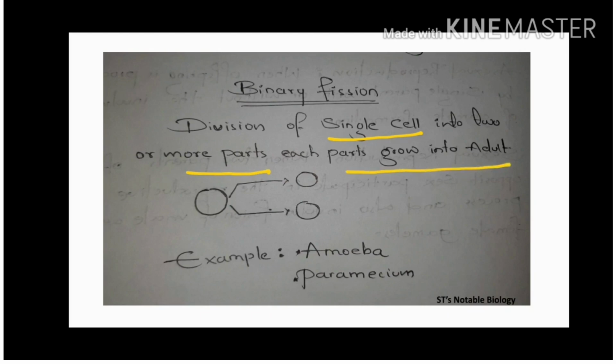Each part grows into an adult. In this figure you can see that a single cell is dividing into two new daughter cells. Later these cells grow and appear as new adult cells. This kind of binary fission we can see in amoeba and paramecium.